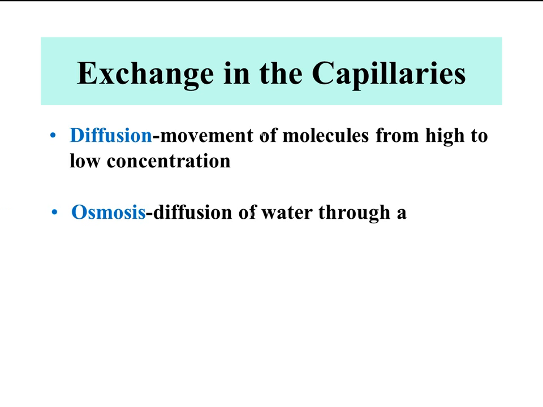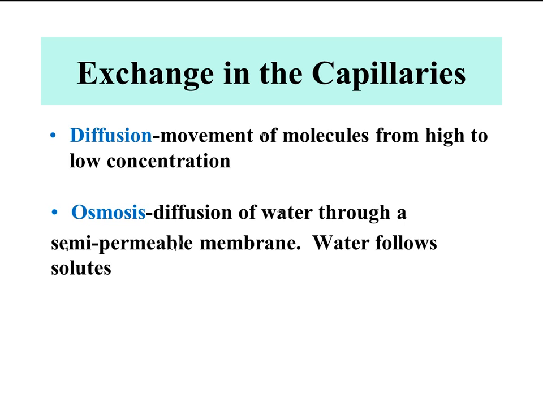Now, osmosis is just like diffusion. It has basically the same definition, only it's slightly different. Osmosis is the movement of water through a semi-permeable membrane. That single layer of cells in that capillary is considered like a permeable membrane.